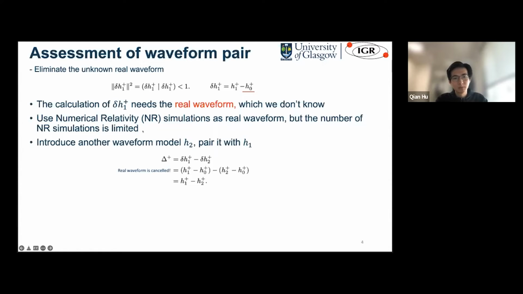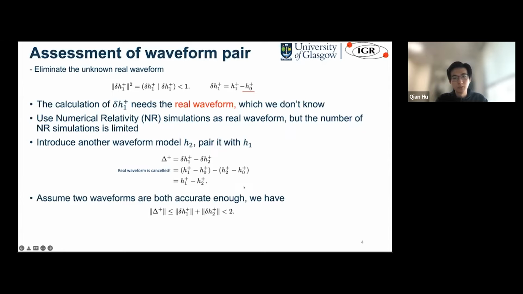To solve this problem, we introduce another waveform model, H2. Although we don't know their errors, delta H1 or delta H2, we do know their difference. The difference between waveform errors is just the difference between models, because the real waveform cancels. So we define the waveform difference as delta here.